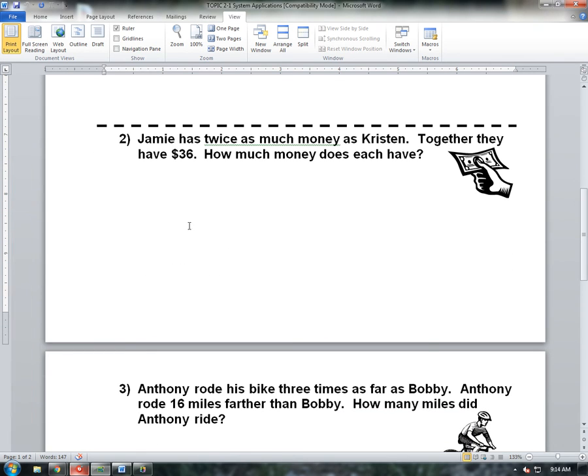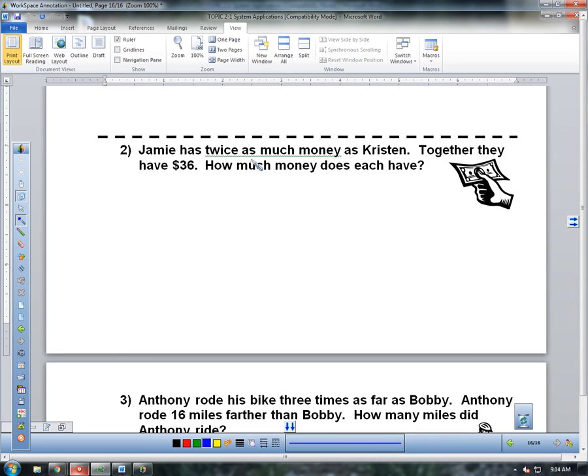So now it says Jamie has twice as much money as Kristen. Together they have $36. How much money does each have? So when you're working this, I want to see ID. So what are my two variables?